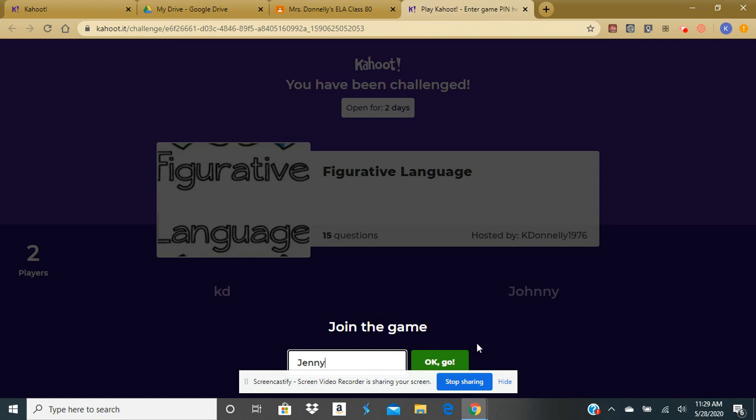When we click go, you are going to play along with me. So what's going to happen is a sentence for some of the questions will come up and it's going to ask you to identify the type of figurative language. For some of the questions, it might show you a picture. So make sure you read the directions carefully when it comes up on the screen. Are we ready? Okay.